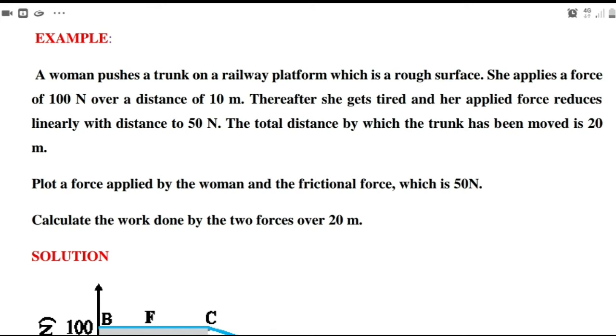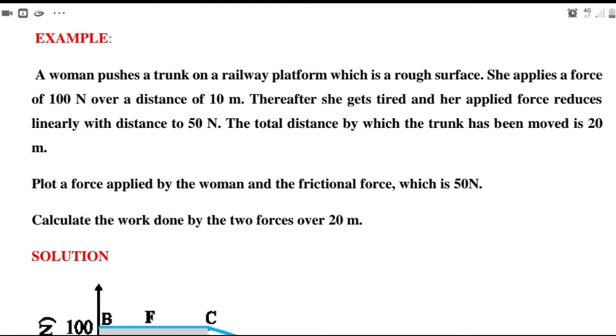The total distance by which the trunk has been moved is 20 meter. Plot the force applied by the woman and the frictional force, which is 50 Newton, and calculate the work done by the two forces over 20 meter.